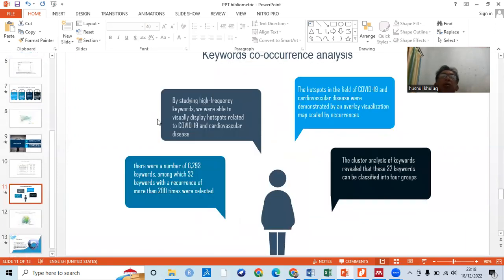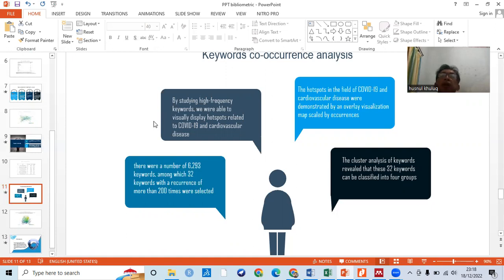Keyword co-occurrence analysis. By studying high-frequency keywords, we were able to visually display hotspots related to COVID-19 and cardiovascular diseases. There were a number of 6,000 more keywords, among which 32 keywords with recurrence of more than 200 times were selected.